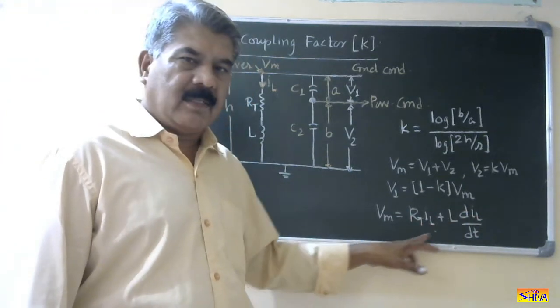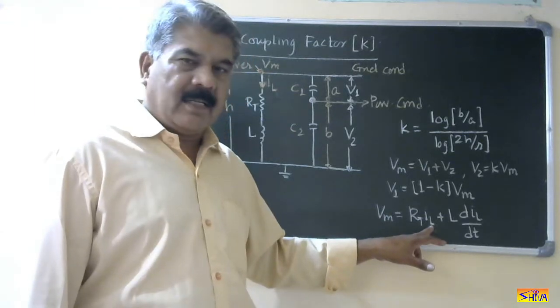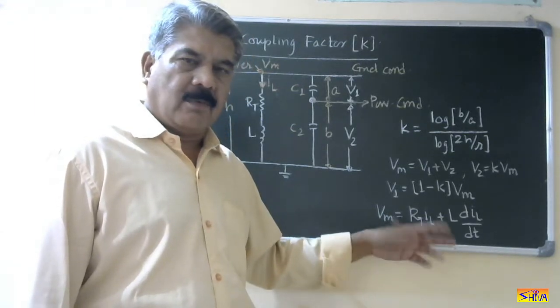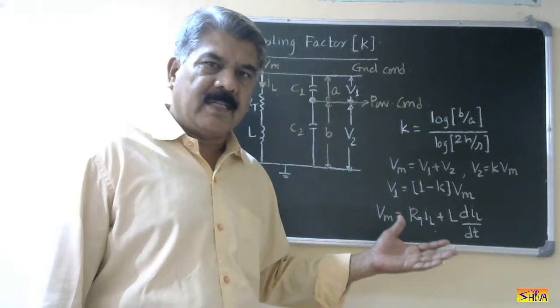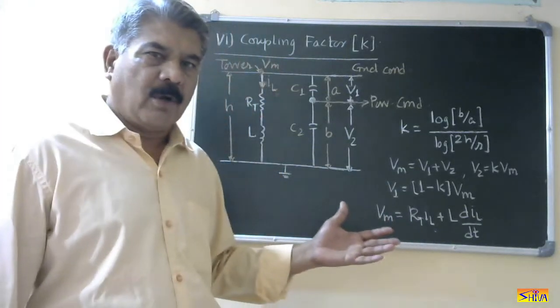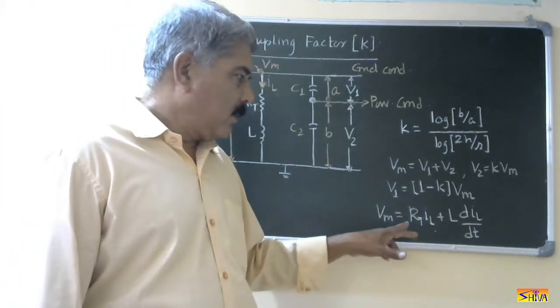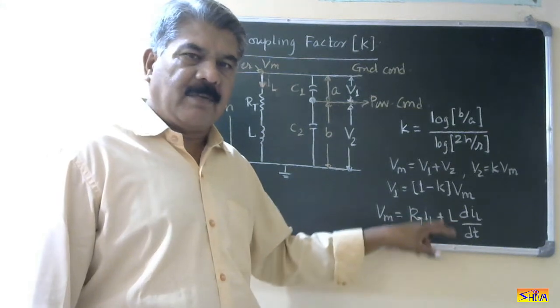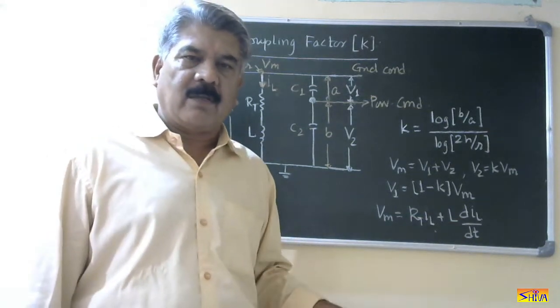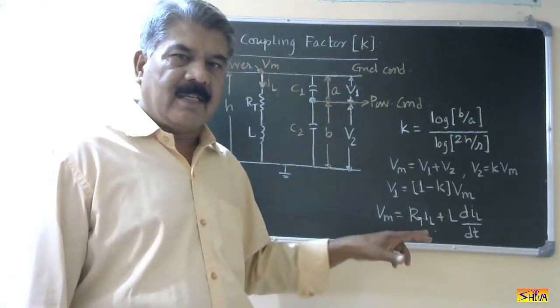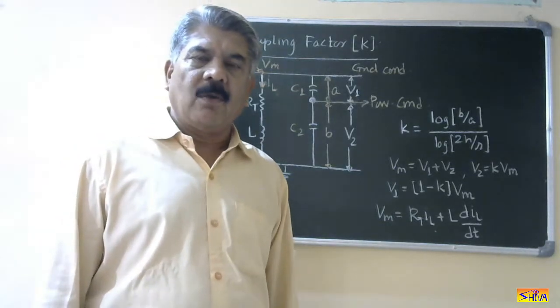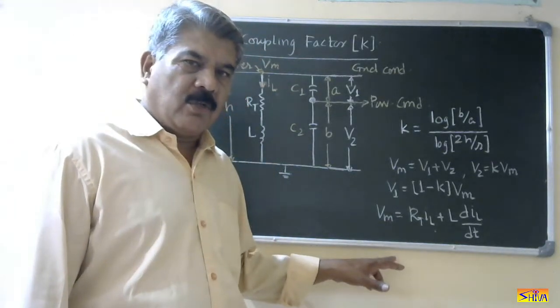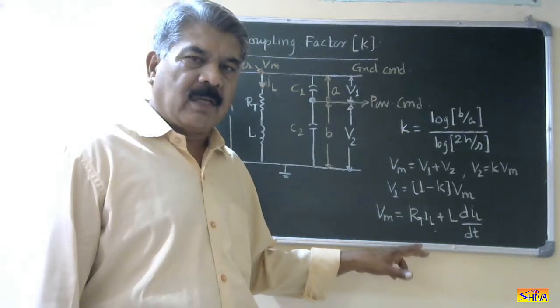So Vm is given by this equation. IL is lightning stroke current. We cannot control it. That is a natural phenomenon, beyond our control, an external phenomenon. So RT and L: L is very, very small, that is in the range of 10 microhenries, whereas RT is in the range of 10 to 30 ohms. So in order to reduce Vm, we have to reduce the tower footing resistance.